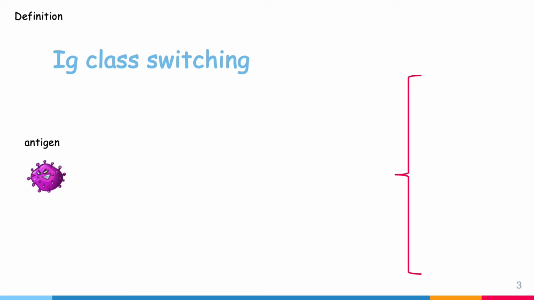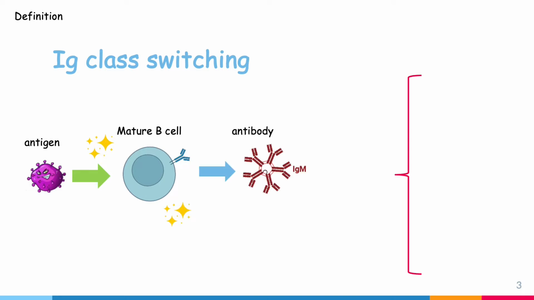B cells expressing membrane-bound IgM and IgD on the cell surface, mature B cells, are activated to proliferate and produce secretory IgM and IgD when they encounter a specific antigen to which they bind.